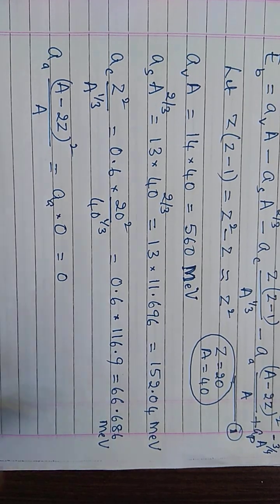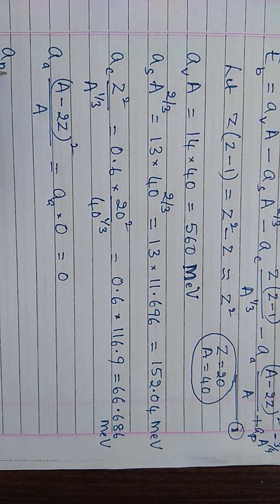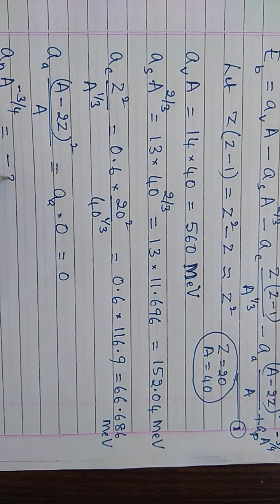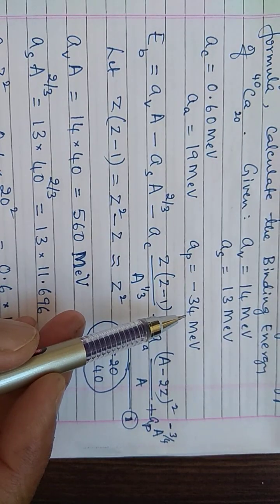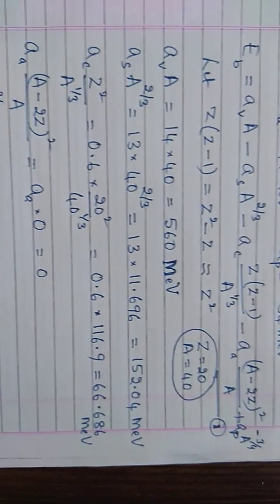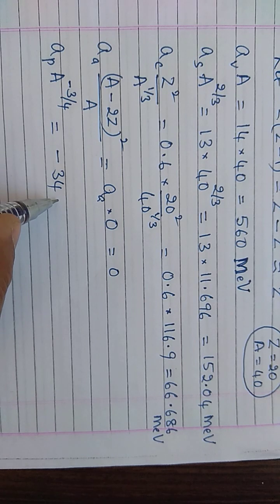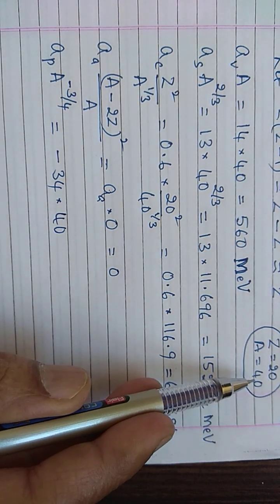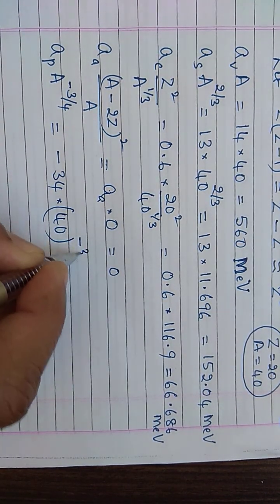The last component, AP times A raised to the power minus 3 divided by 4. That is equal to minus 34, because AP is given as minus 34 here. Okay, substitute that value here: minus 34 into capital A, mass number 40, raised to the power minus 3 divided by 4.